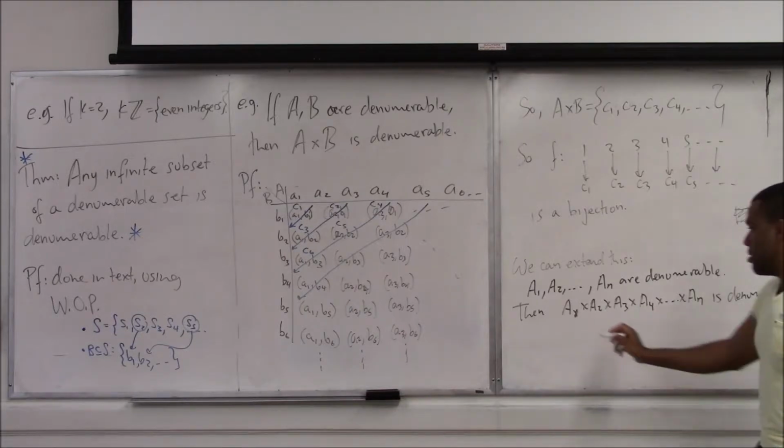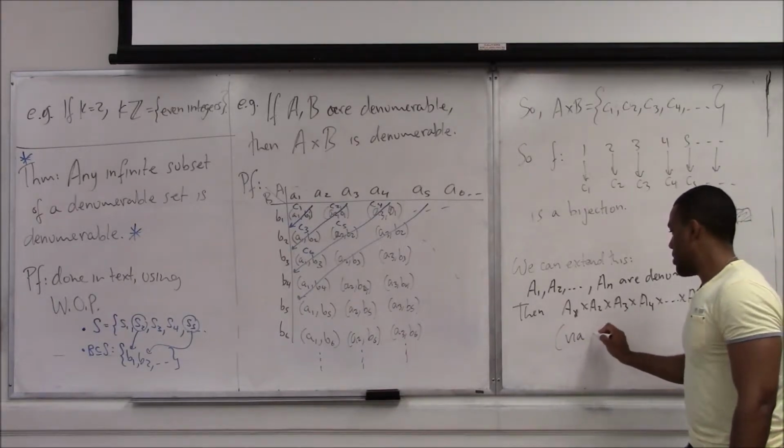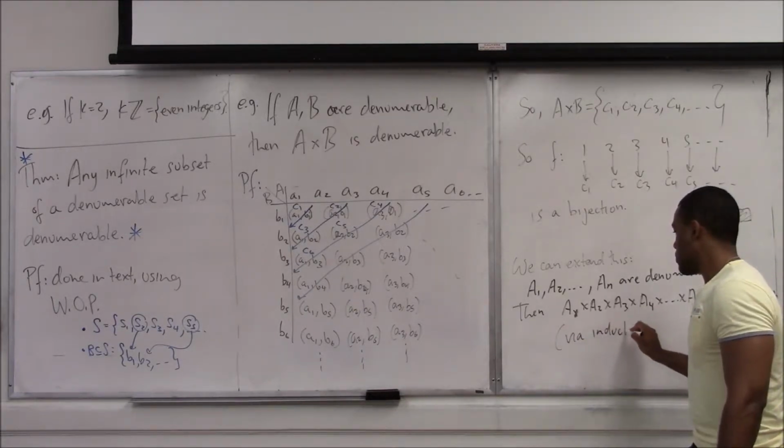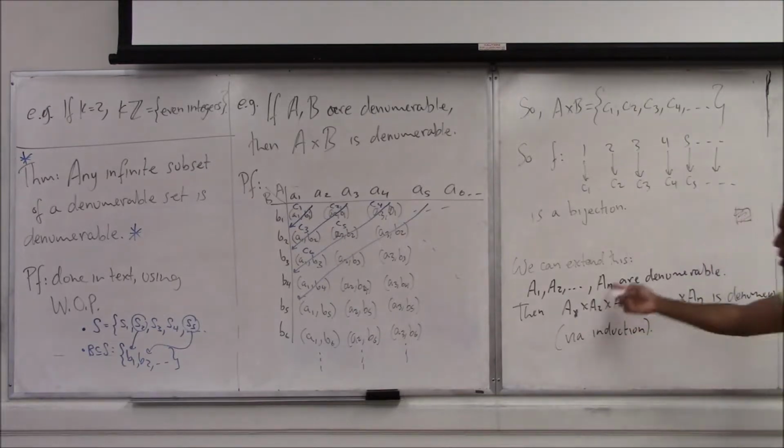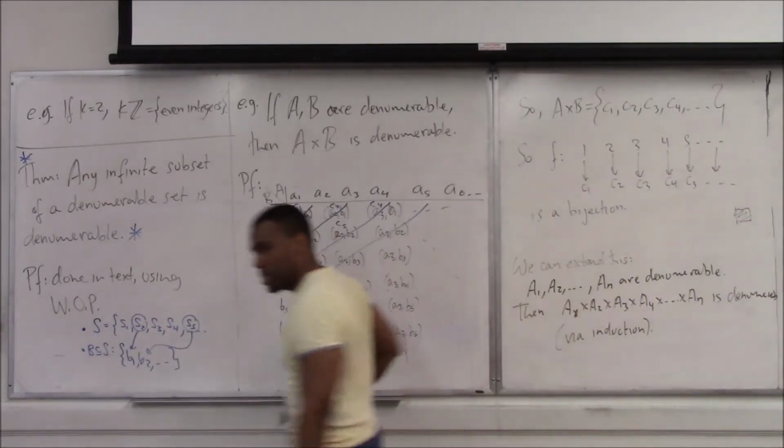You can show that via induction. It's also the case that if you have a countably infinite number of countably infinite sets, and you take all their Cartesian products, that's also going to be denumerable. You need a little bit more than induction for that.